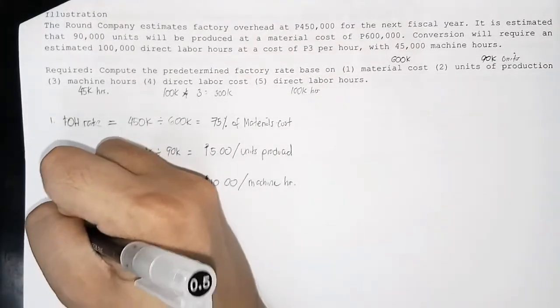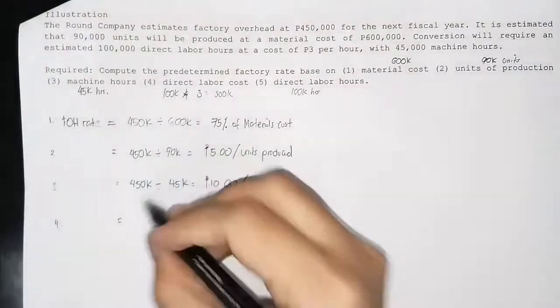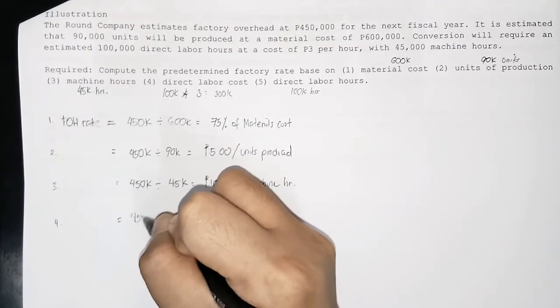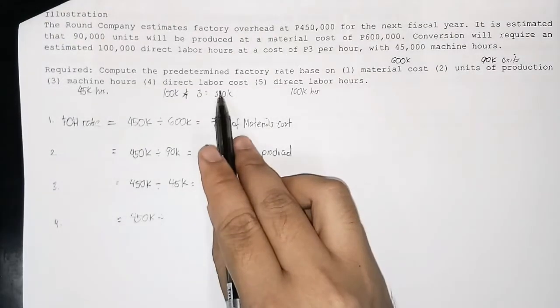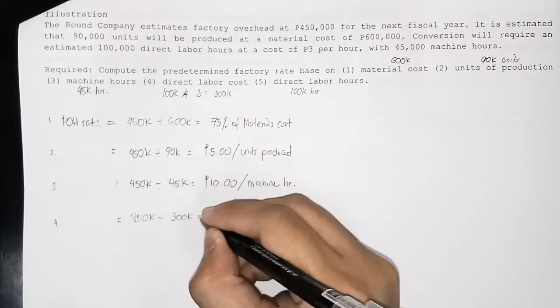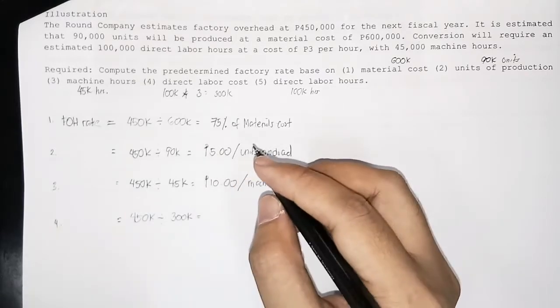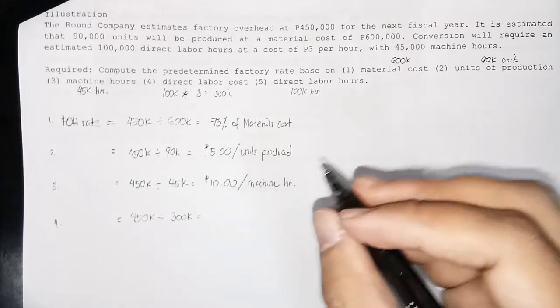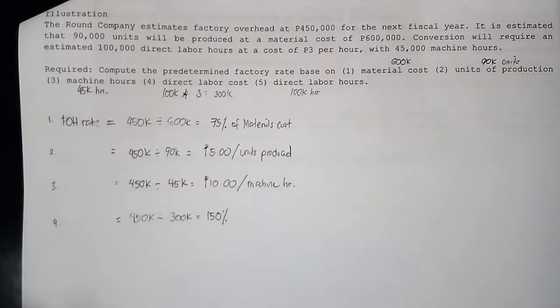Number 4. Factory overhead rate is equal to 450,000 divided by direct labor cost, 300,000 pesos. 450,000 divided by 300,000 pesos direct labor cost equals 150%.